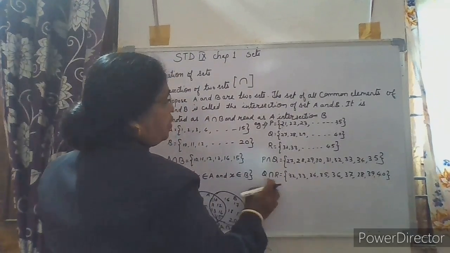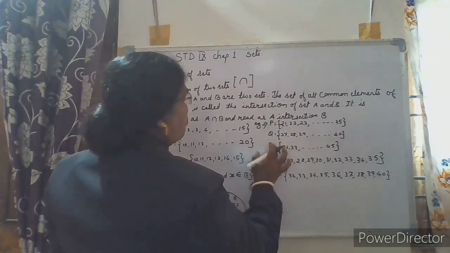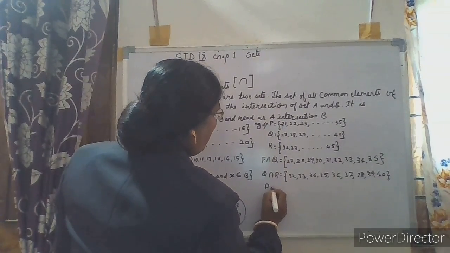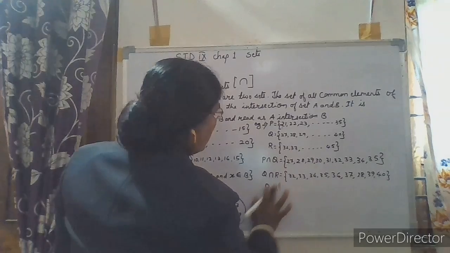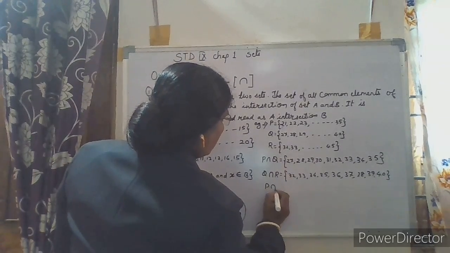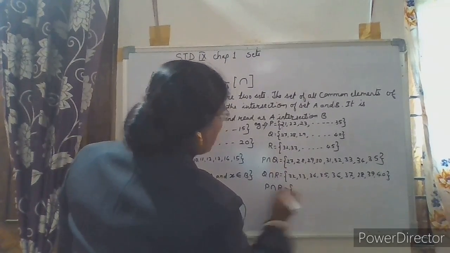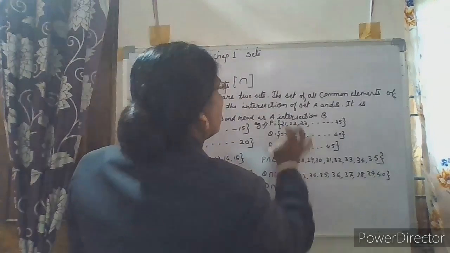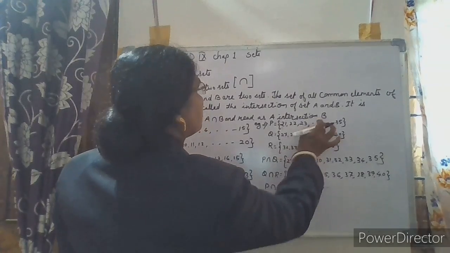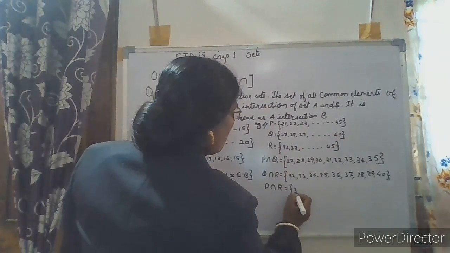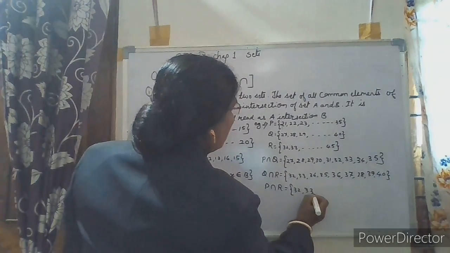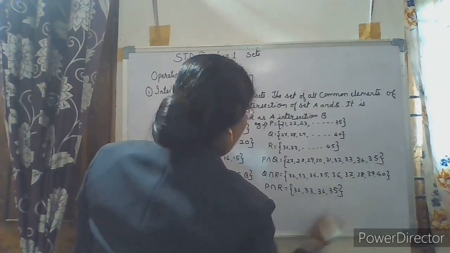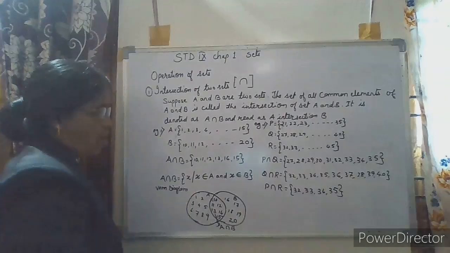This is Q intersection R. Now, P intersection R. P and R. Look at P and R. 32 is here also. 32, 33, 34, 35. This is P intersection R.